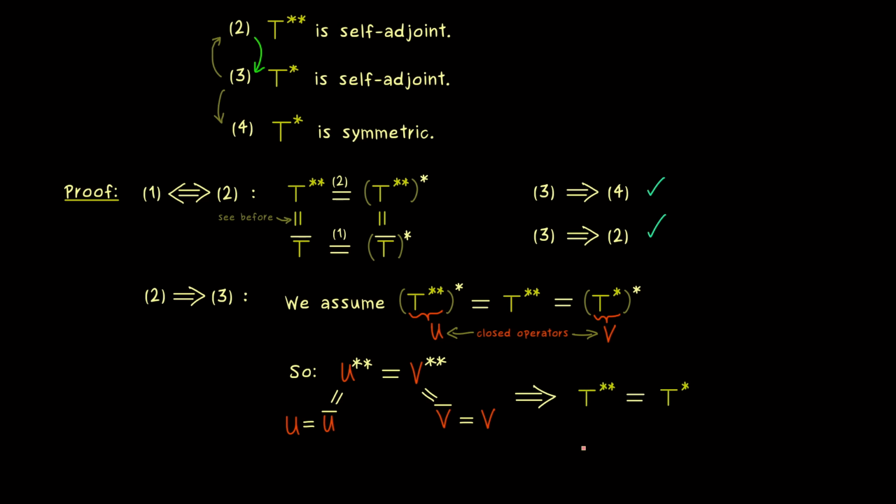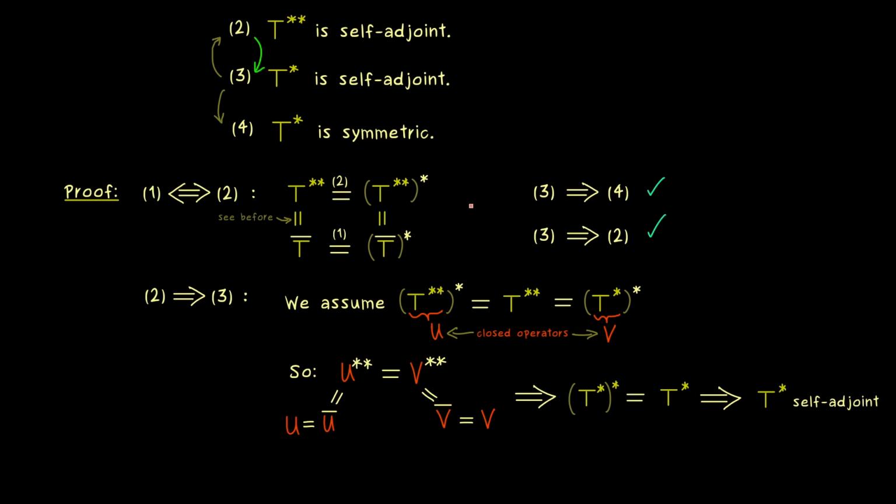And with that we are done, because this equation tells us that forming the adjoint of T star does not change the operator at all. In fact, this one is exactly the definition of T star being self-adjoint. And with that, the implication 2 going to 3 is done.